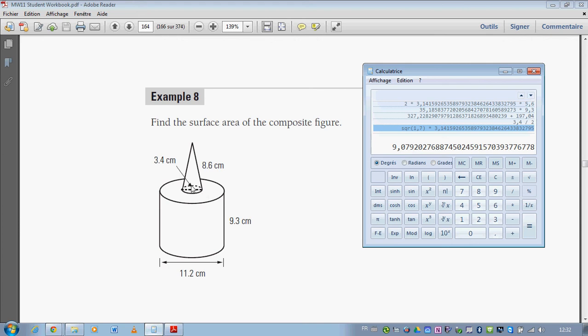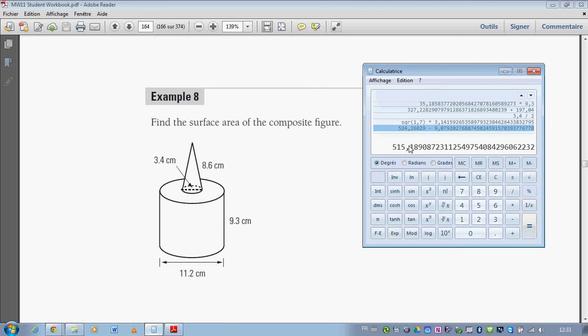That is the area that's being hidden on this cylinder. Just a minute ago we figured out that the total surface area of my entire cylinder was 524.26829, and I'm going to subtract the area of the circle we just figured out.